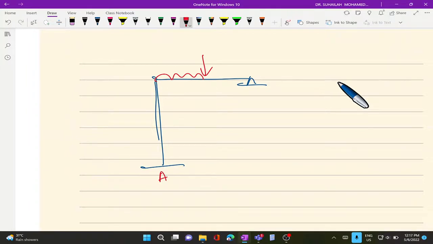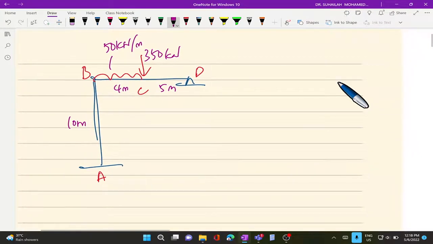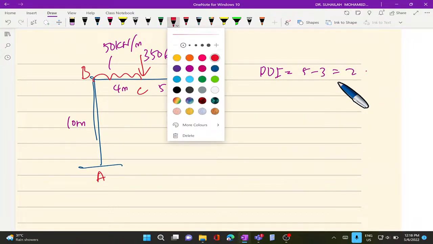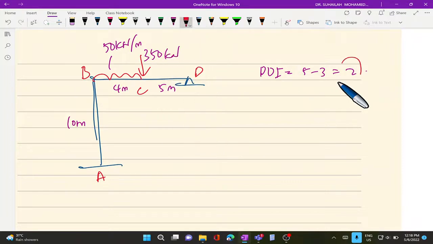This is A, this is B, this is C and D. This one is 10 meter, this one is 4 meter, this one is 5 meter. UDL is 50 kilonewton per meter. Point load is 350 kilonewton. When we have this, we have to identify the DOI, which is equal to 2. This is redundant. There are two redundants.